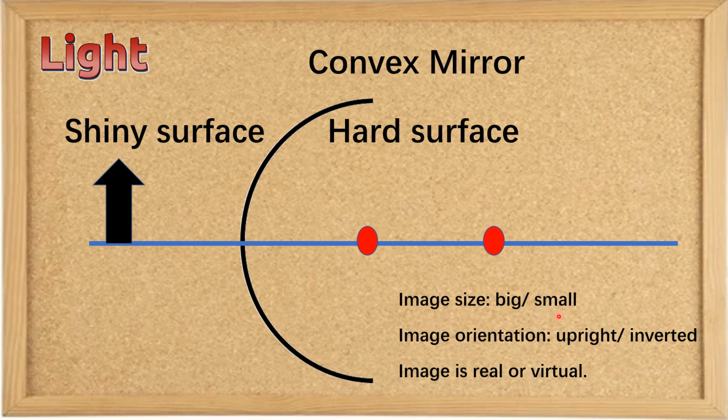Is it big or small? How about the orientation? Is it upright or inverted? Or is the image real or virtual? You can pause the video to make your own ray diagram. And after this, try to guess the image size, orientation, and whether it is real or virtual.